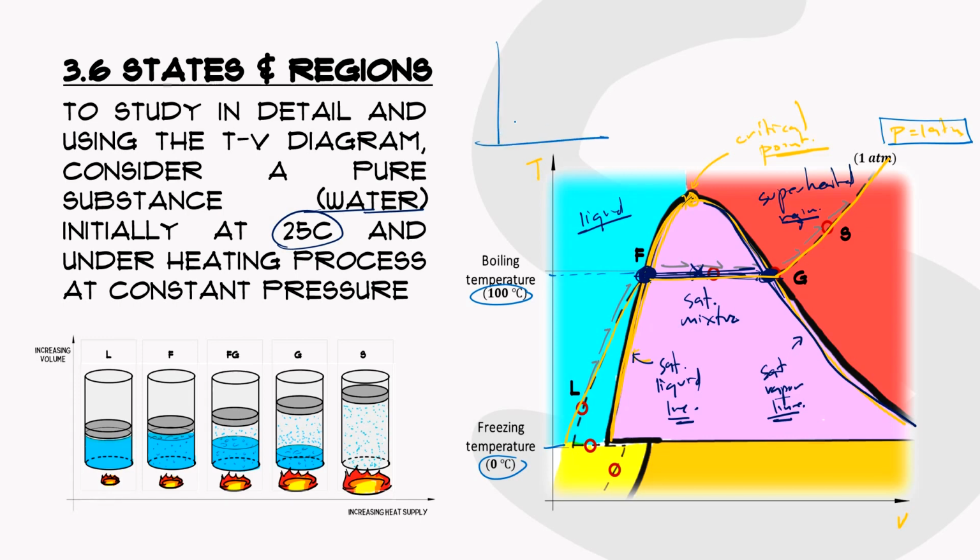If the pressure is no longer 1 atmosphere, say we increase the pressure, then the boiling point will also increase. And if we reduce the pressure, the boiling point will also reduce.